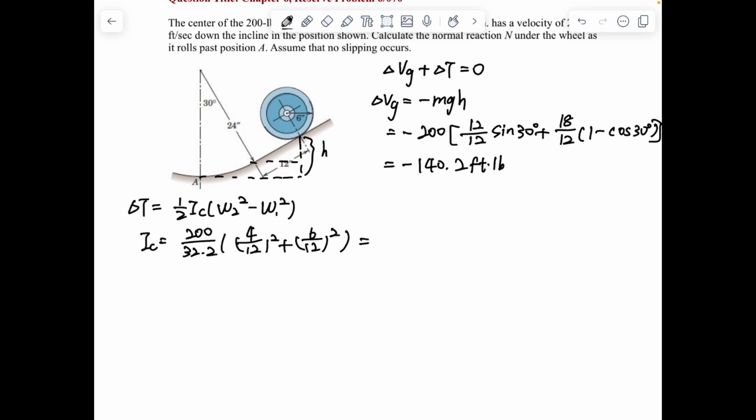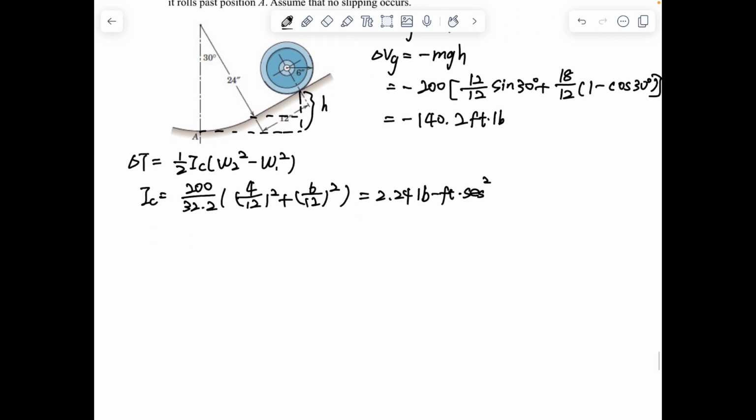This is equal to 2.24 slug-feet squared. Then omega 1 is equal to 2 over 6 over 12, which is 4 radians per second. And omega 2 is equal to V over 6 over 12, which is 2V.